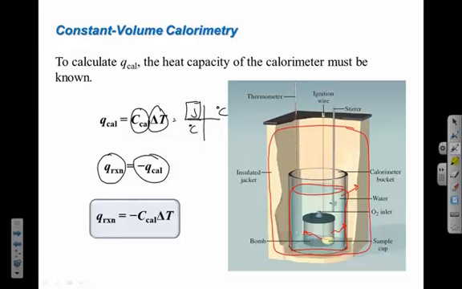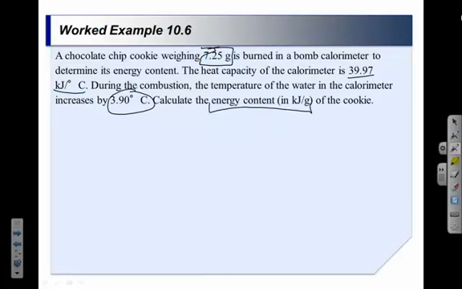So if the water is absorbing energy and the calorimeter is absorbing energy, the total amount of energy released by the burning or the reaction is the total energy absorbed by both the water and the calorimeter. Right? So all the energy absorbed has to be equal to all the energy released. So if we find in this reaction that the water is absorbing energy, for the water, the relationship is 4.184 joules of energy absorbed per gram of water per degree Celsius.